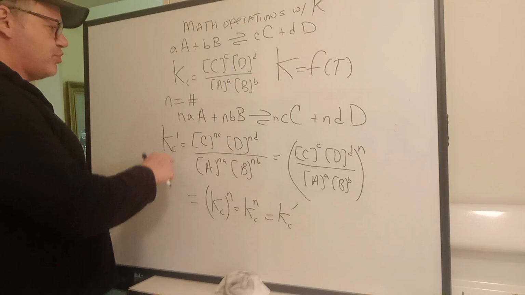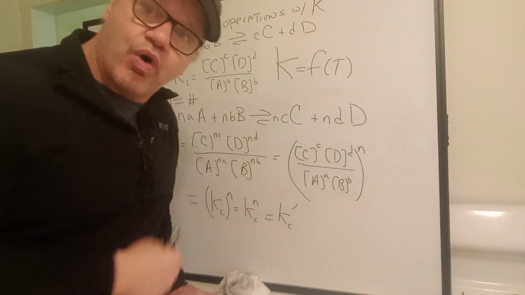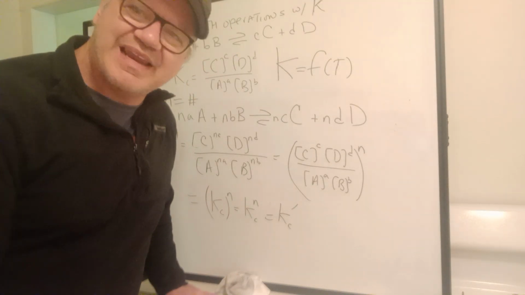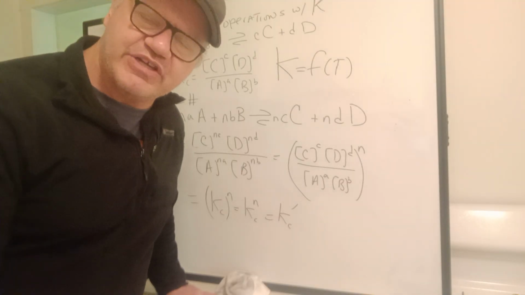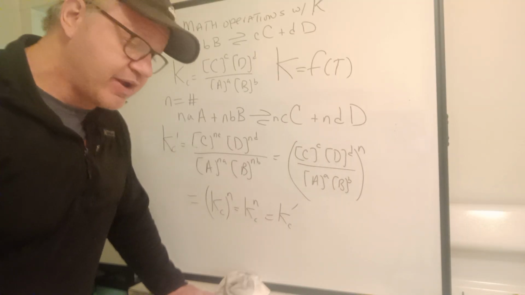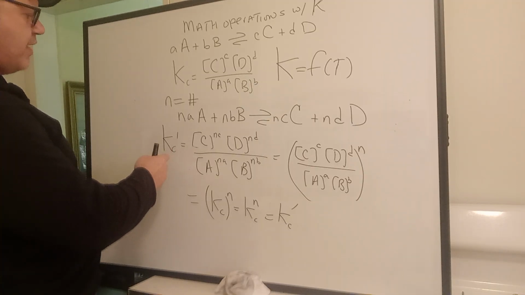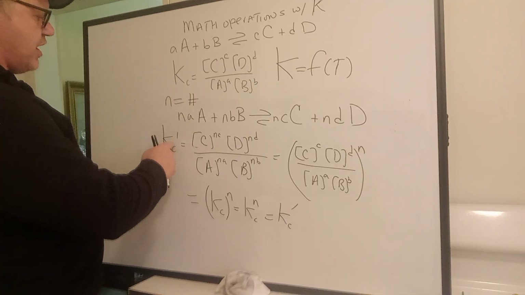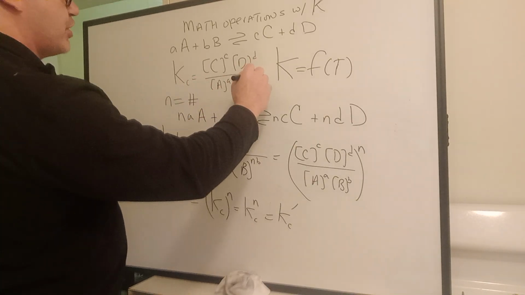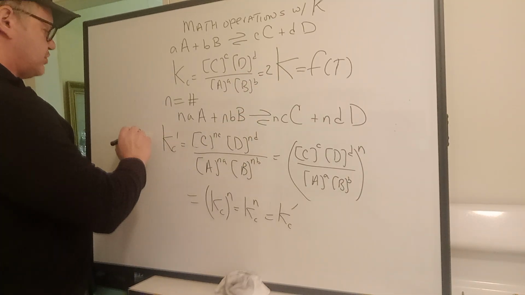If you multiply through an equilibrium system, and I should say this all applies if you're doing similar operations with Q's. We just tend to work more with K's for the actual operations, but you could do this with the reaction quotients as well. These operations are generic. So let's say Kc was a number, just for the sake of argument, 2, and we multiplied through with n equal to 3.